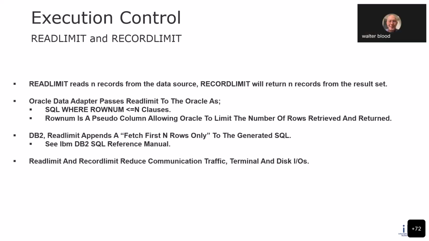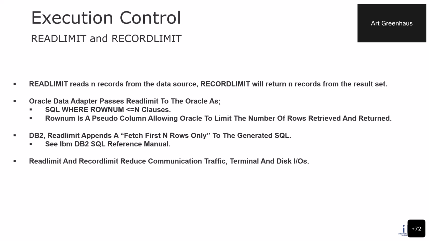So the intent is read limit says read n number of records, whether it meets your criteria or not. Record limit says only give me X number of records that meet my criteria. The read limit actually limits the number of calls to the interface. So if you're dealing with SQL, any request is only one call to the engine. So the engine does the processing, but you issue only the one call if the read limit equals 1.